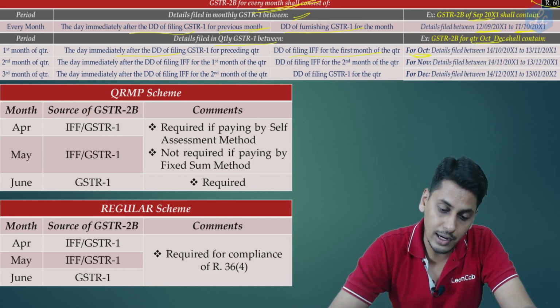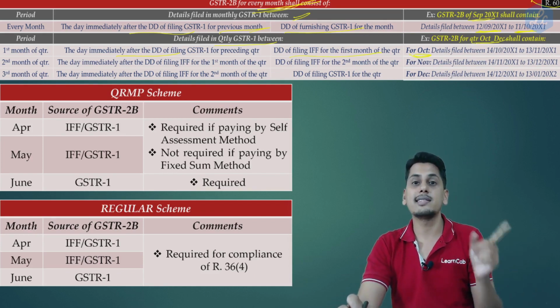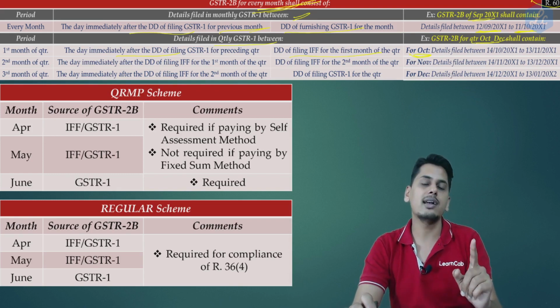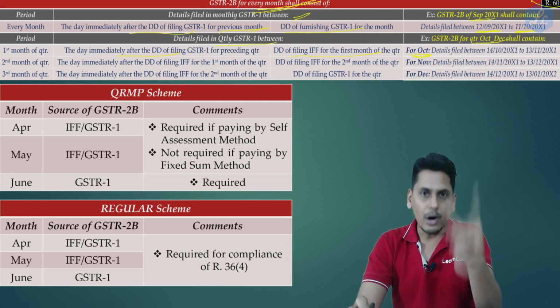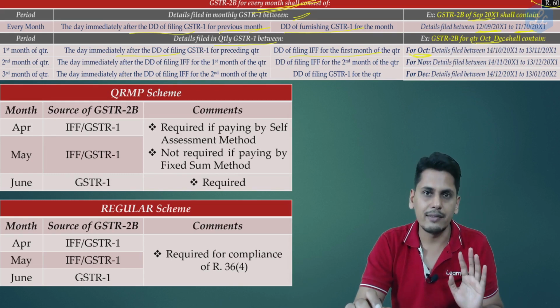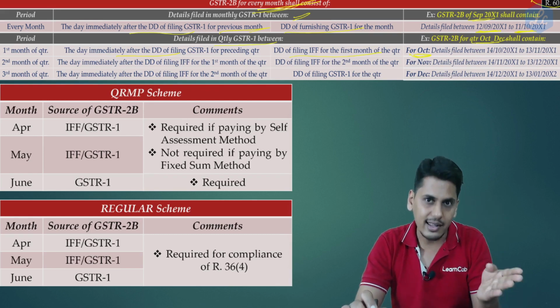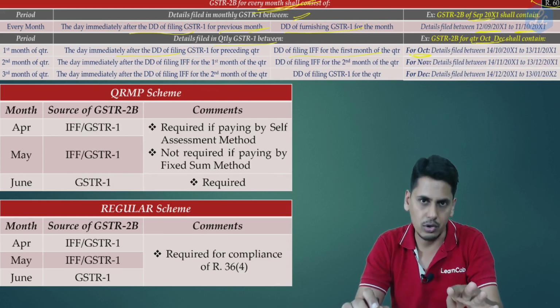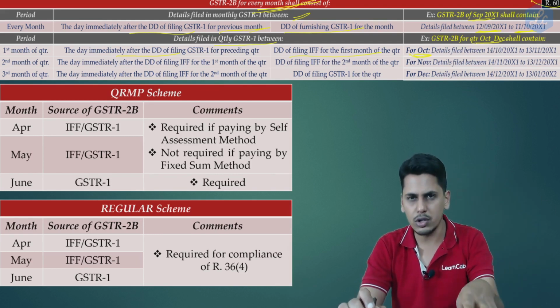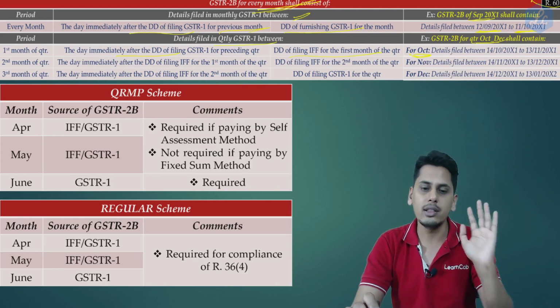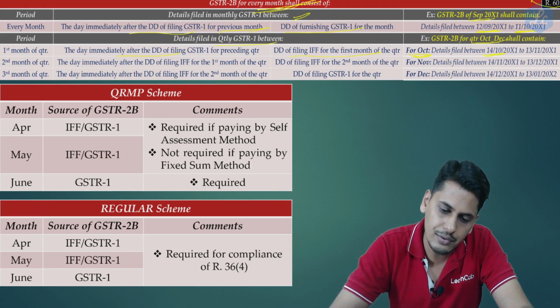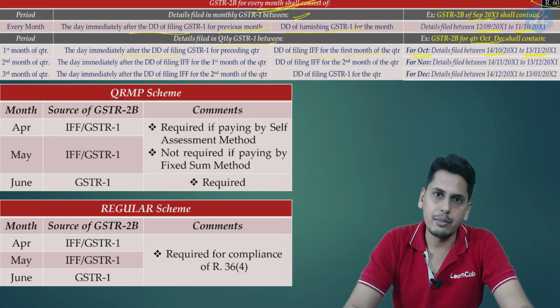Now for the month of October, if my vendor is a quarterly filer, the due date is 13th of November. 13th of November is the cutoff date. What is going to be the starting date? Obviously 14th of October, because for September it was 13th October. Add one more day, it will become 14th of October. So here we go, 14th of October till 13th of November.